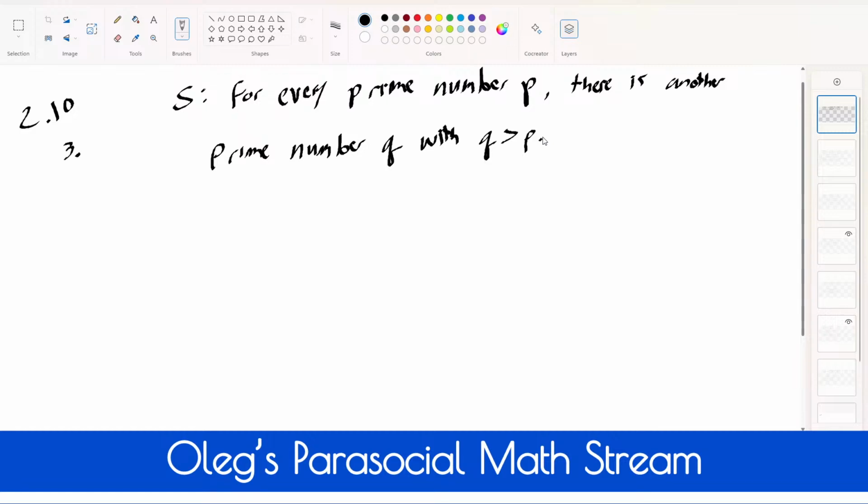Now, by the way, they might be throwing us off with the letters P and Q. In this case, we're not talking about primes. We're using P and Q as in statements, P and Q. We're going to say, for every P statement, we're going to say exists a Q statement. All right.